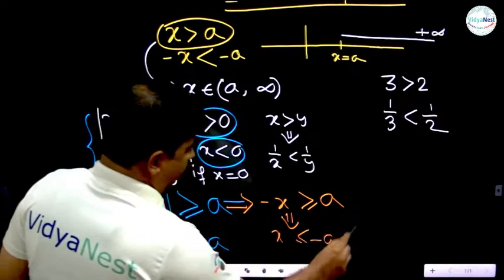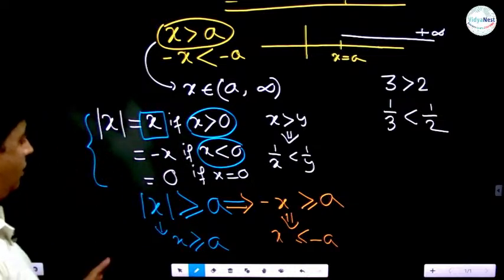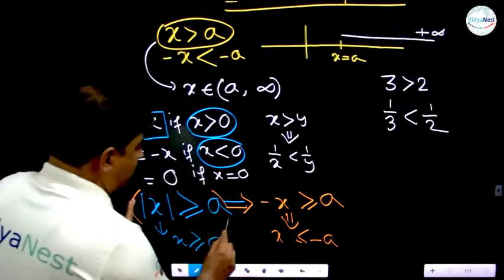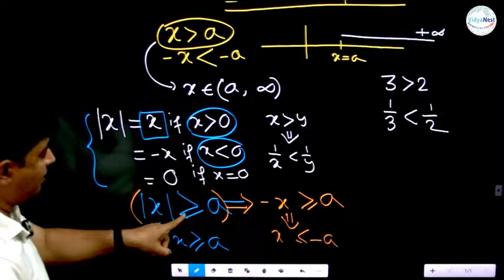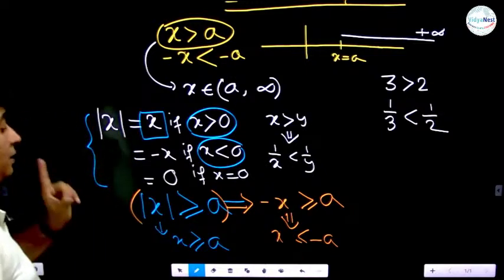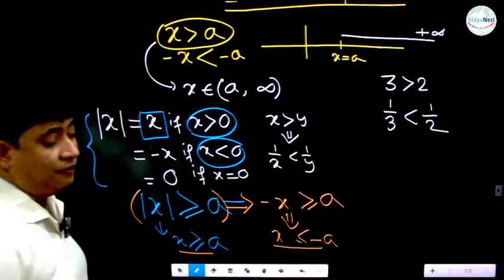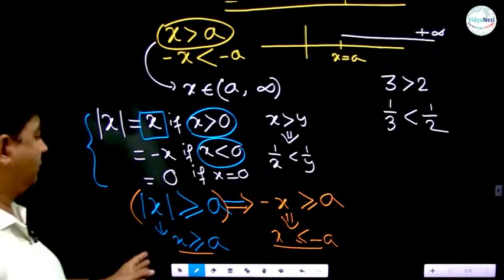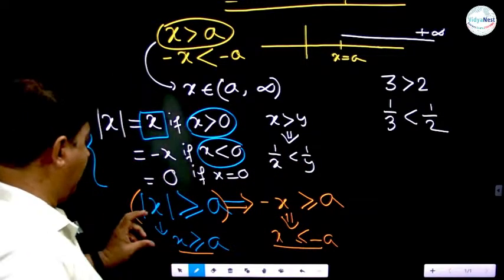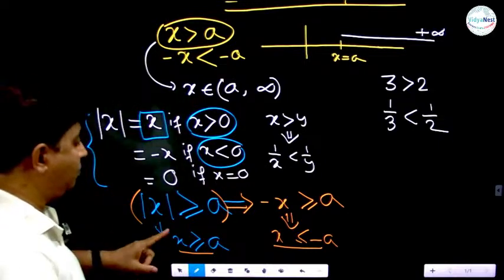Less than minus a. So once you get this inequality with the equality sign holding in one case, how do we write this interval in proper form?